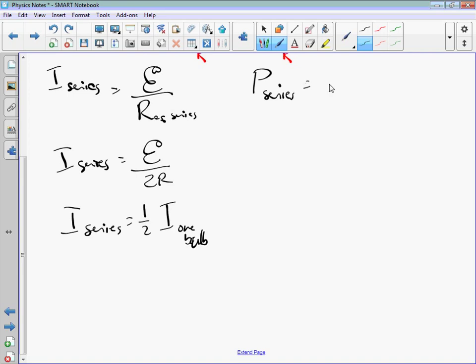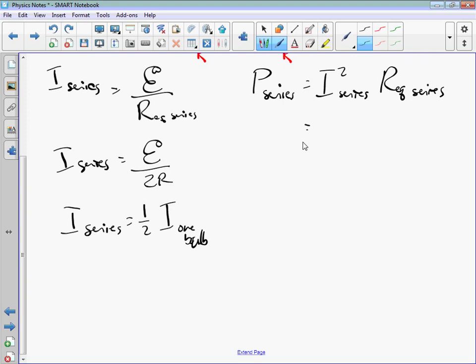is equal to our current squared in series times our equivalent resistance in series. I can take that current and double it.